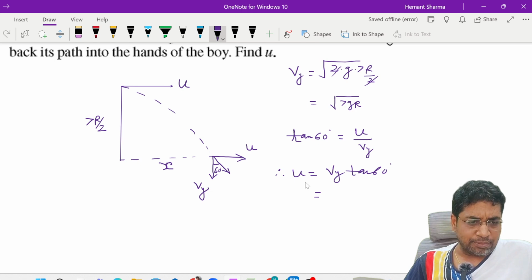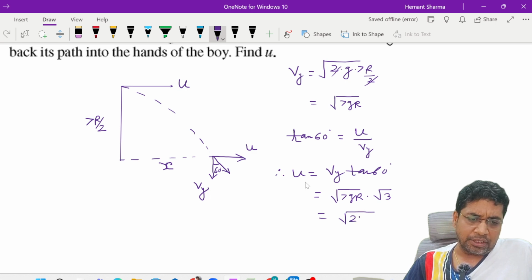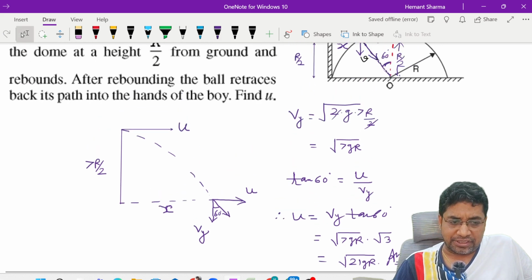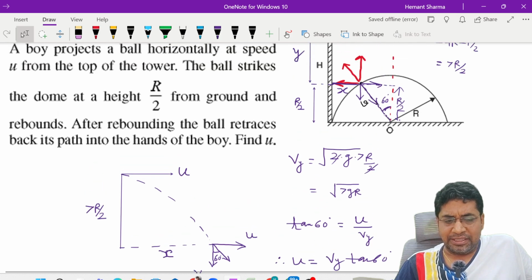Tan 60 is nothing but root 3 and Vy we already have calculated as under root 7gr. So multiplying these two, our answer will become under root 21gr. This is our answer.